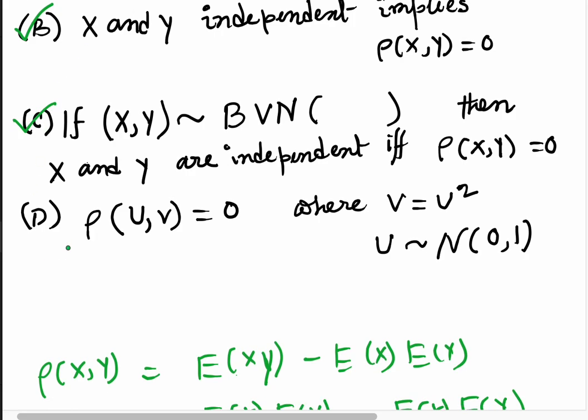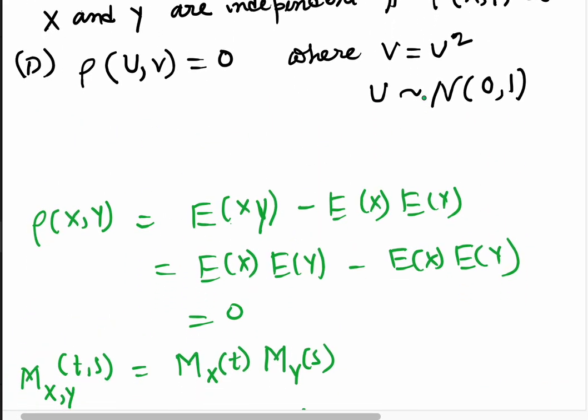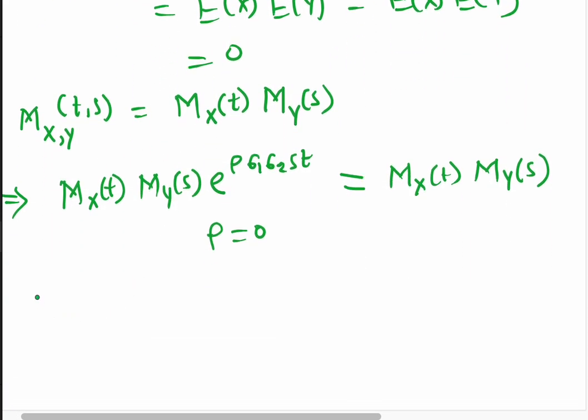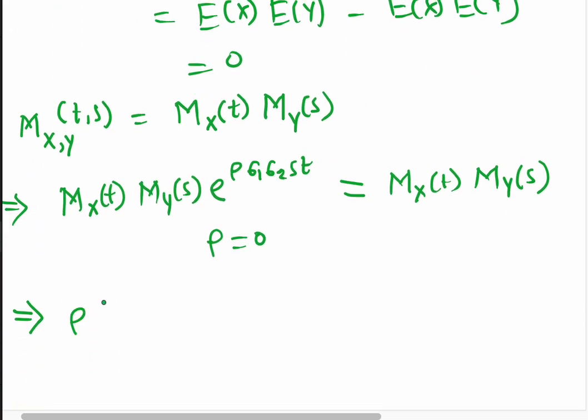Now let's see statement D, that rho(U, V) is 0 where V is U squared. Let's calculate the rho.